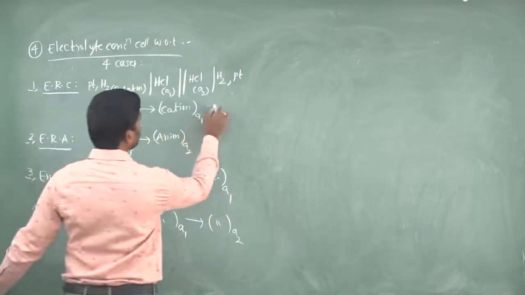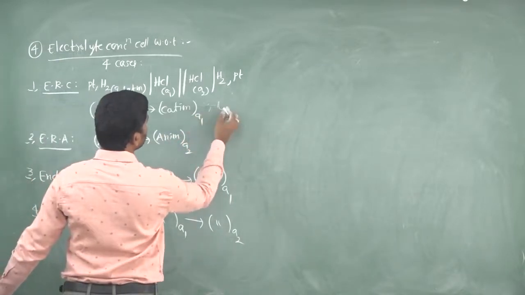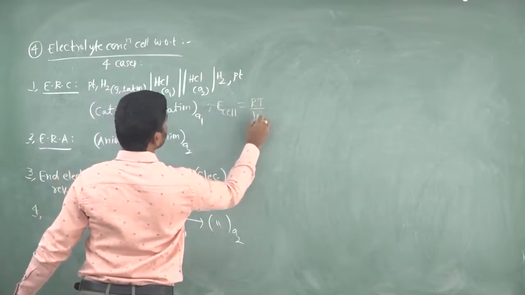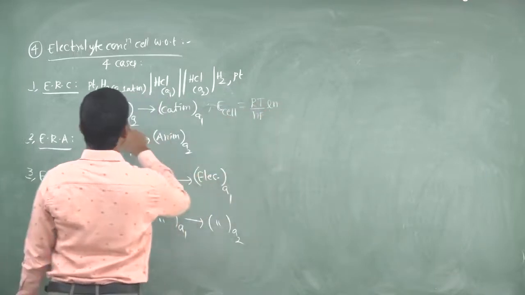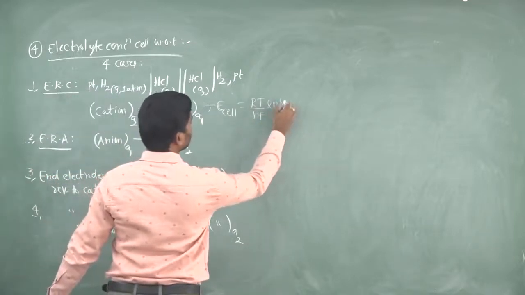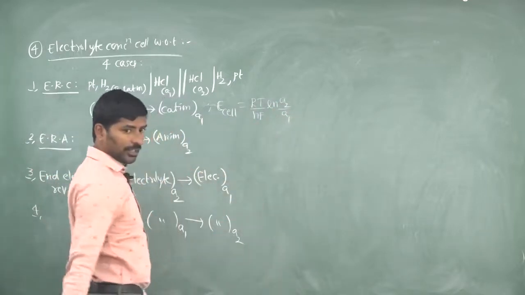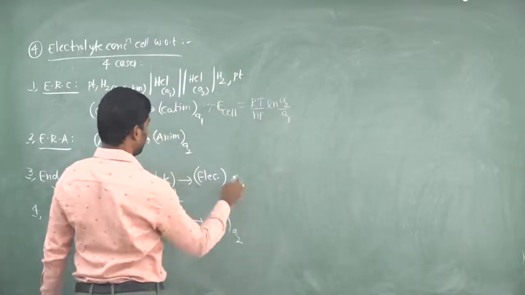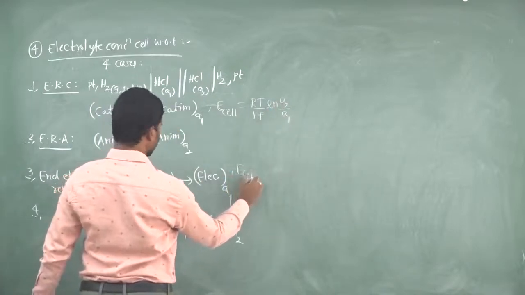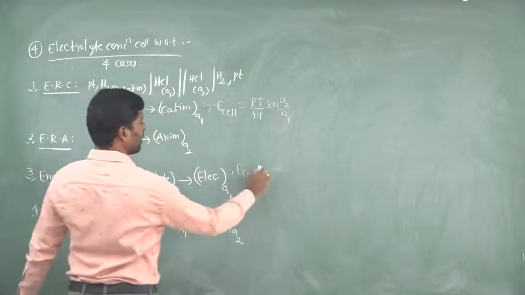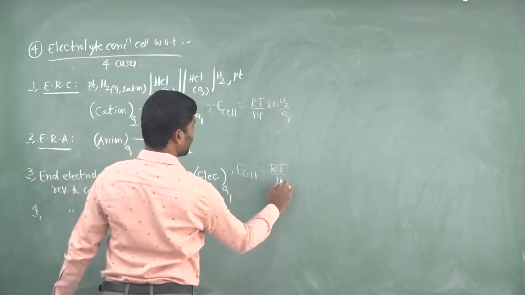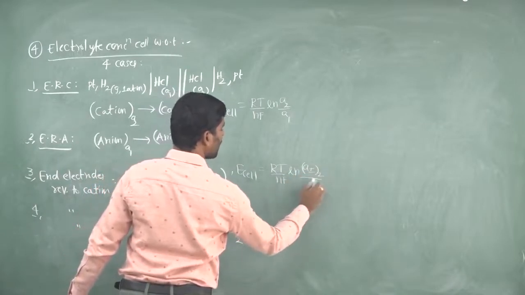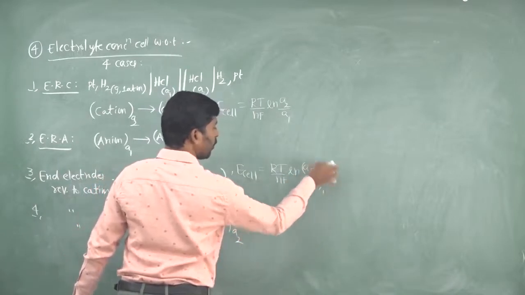For example, here if you write E cell, we get RT by nF ln A2 by A1, that is A plus or minus 2 by A plus or minus 1. But in this case we get RT by nF ln, the same A2 by A1, but A plus or minus 2 by A plus or minus 1 whole power 2.